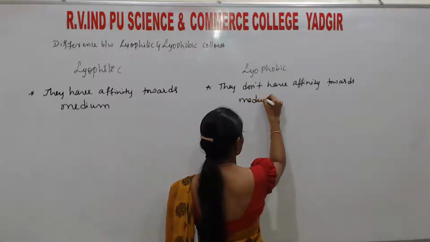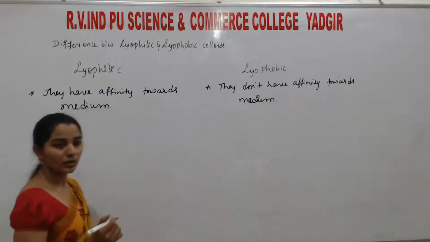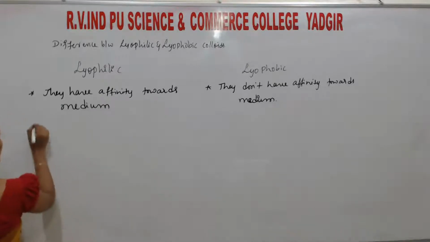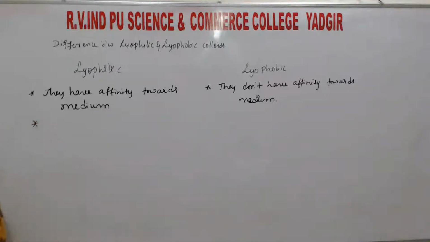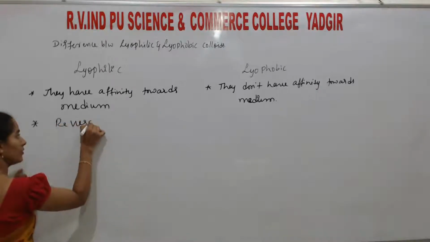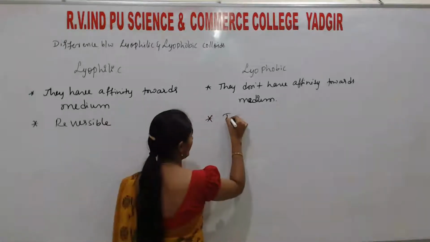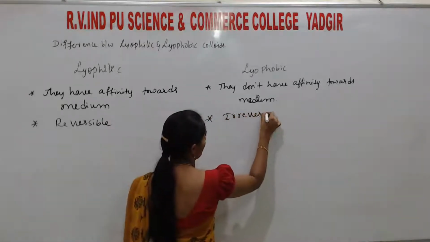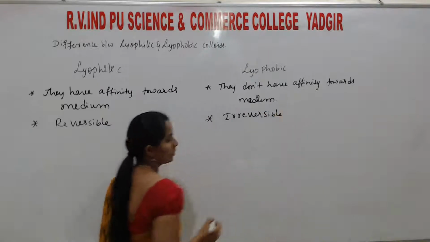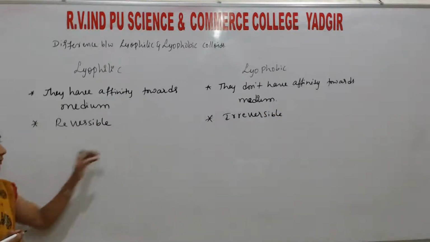So all the differences are very important for 2 marks in all chapters. Each and every difference. Next. These are reversible and these are irreversible. This can be reversible and that cannot be reversible. Next.